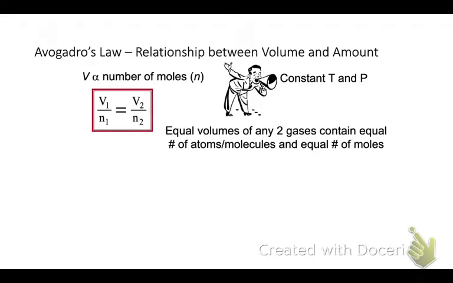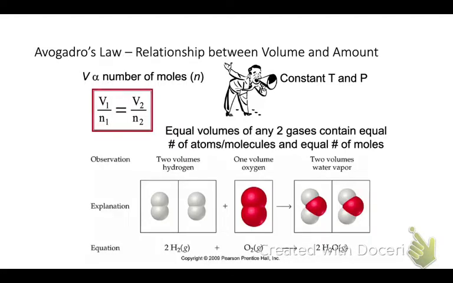So equal volumes of any two gases contain an equal amount of atoms, molecules, or moles, as long as I am under the same pressure and temperature. Okay? So 2 volumes of hydrogen react with 1 volume of oxygen to give me 2 volumes of water. Do you see what I'm doing here?